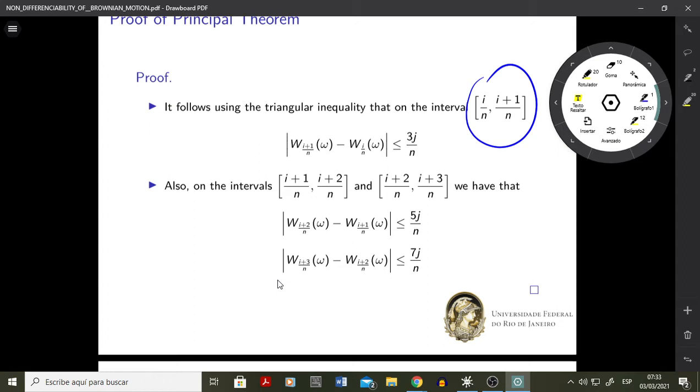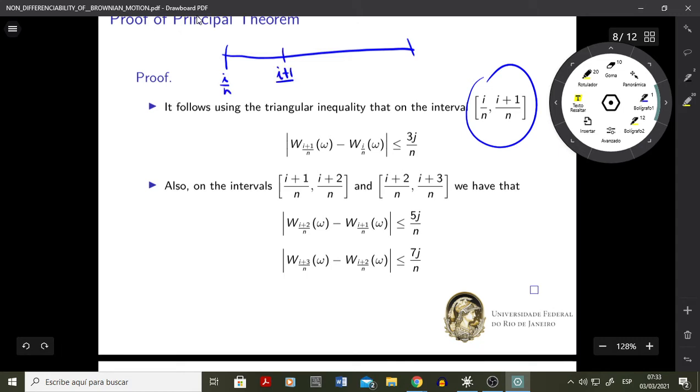And all these intervals are closed: you have i over n, i plus 1 over n, i plus 2 over n, and i plus 3 over n. So in this interval we have this, in the other interval we have this, and in this other interval we have this.